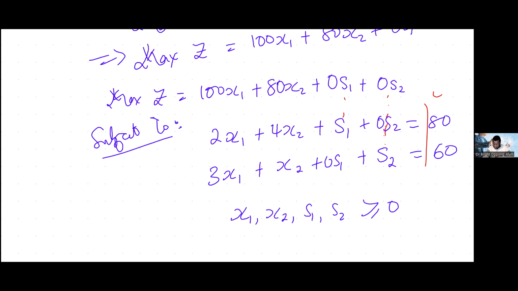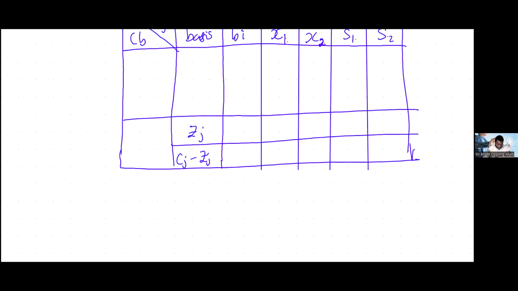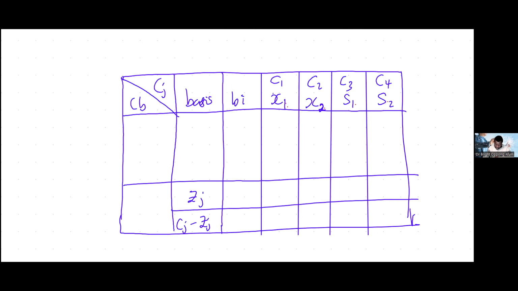All right, I'm just taking the lines off. So when we come here, remember these are the CJs, C1, C2, C3, and C4. So we'll first do that and say the C1 is 100, C2 is 80, S1 is 0, and S2 is also 0.